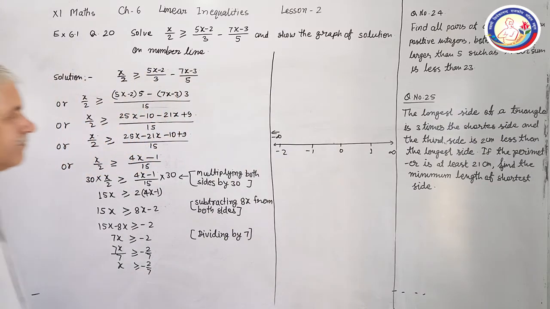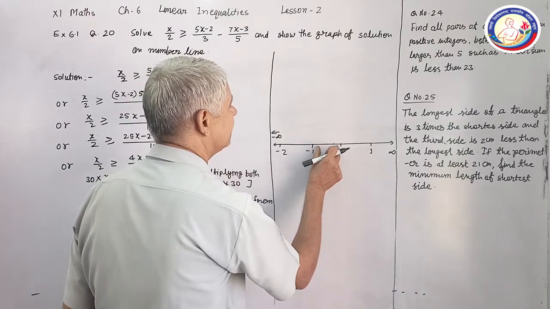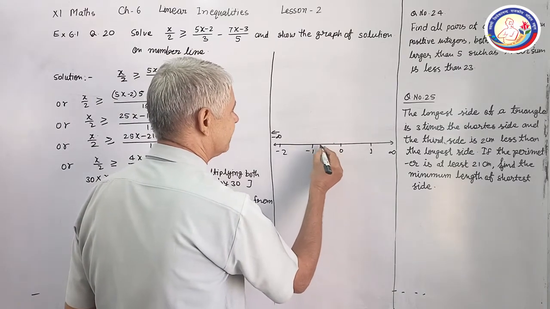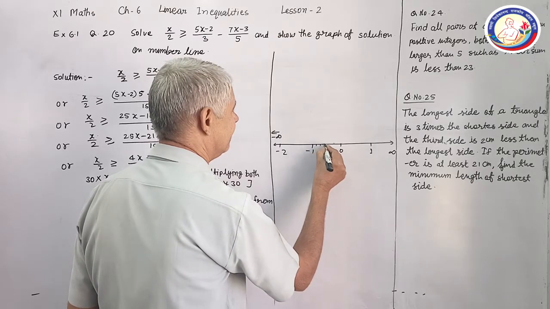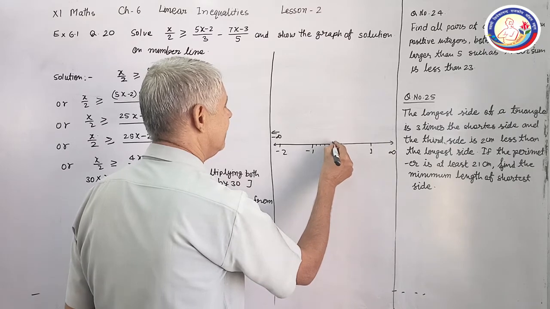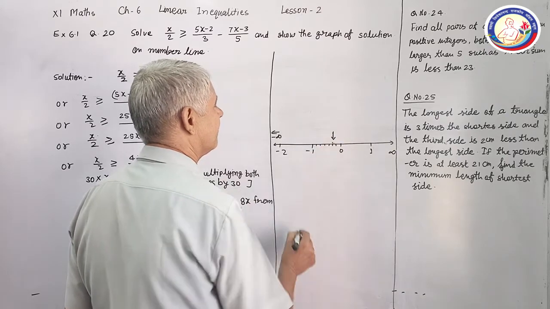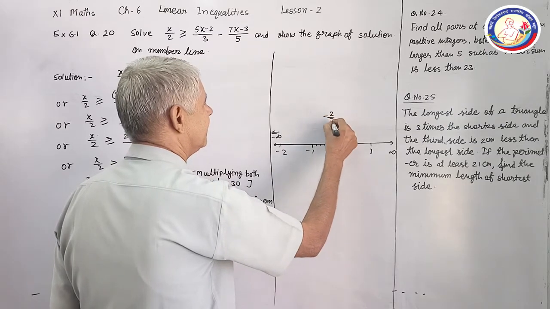Minus 2 by 7 will be here. If we divide this segment into 7 parts, 1, 2, 3, 4, 5, 6, 7, then this will be minus 2 by 7. Minus 2 by 7 here.